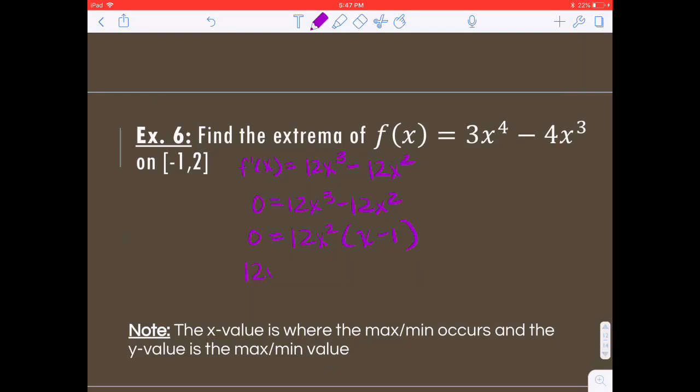So x is equal to 0, or x is equal to 1. These are our critical numbers. Since f prime of x is defined for all x, these are the only two critical numbers, 0 and positive 1.